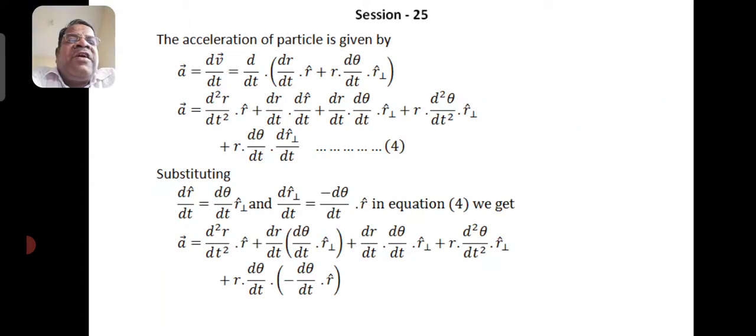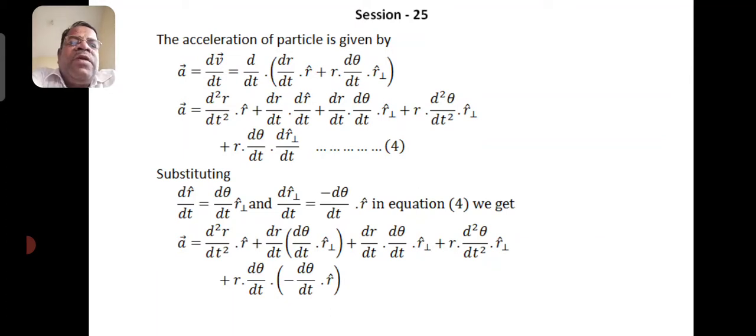In the last term, you put the starting two terms as it is, r into d theta by dt, and differentiate r perpendicular cap, that is dr perpendicular cap by dt. You get equation 4, using the product formula.